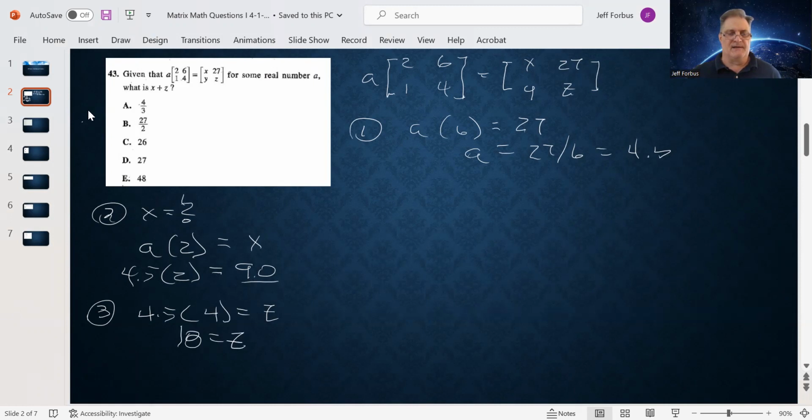And that's our Z. Last thing to do, X plus Z. So X is 9, Z is 18. 9 and 18 is 27. And that's going to be answer choice D, as in dog.